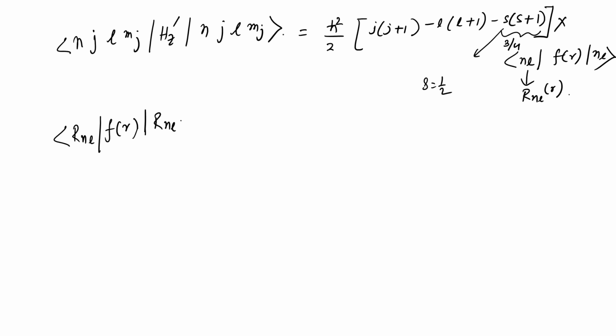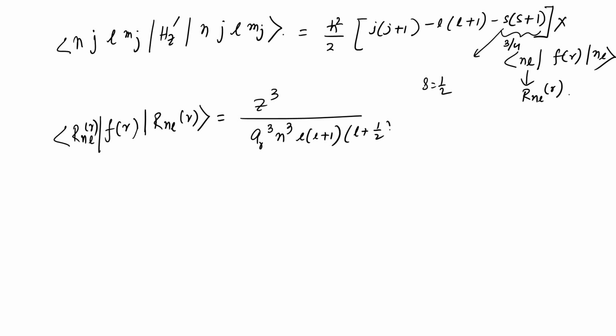R_nl of r, suppose it is given, it's Z cube divided by a0 cube n cube l into l plus 1 into l plus half. So, that is the result for this, and now we have everything that we need.